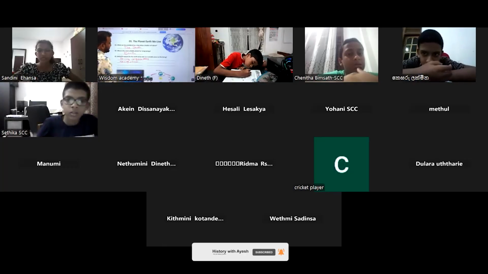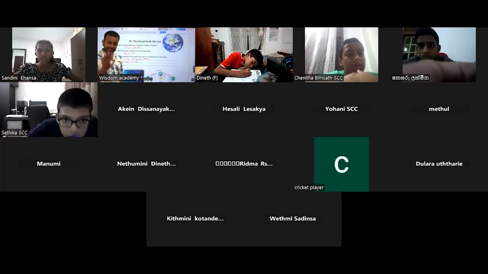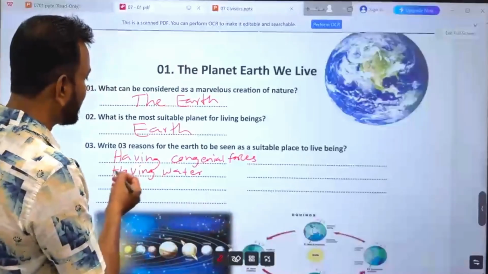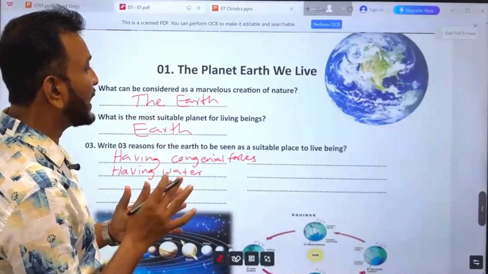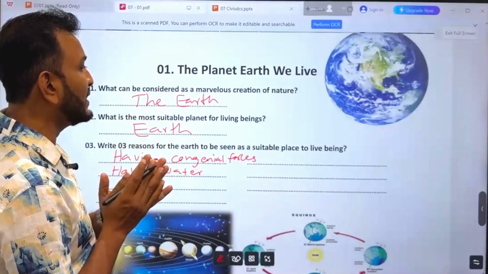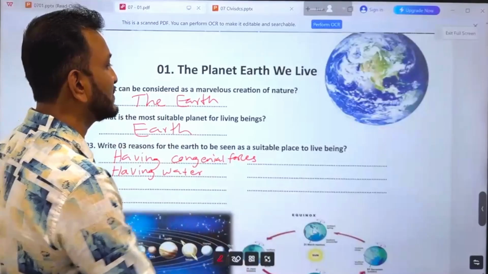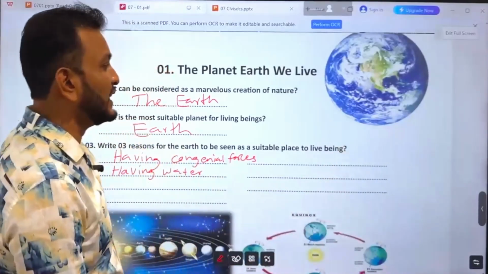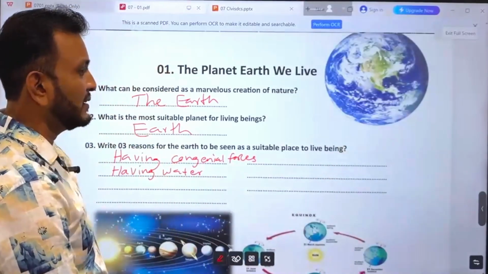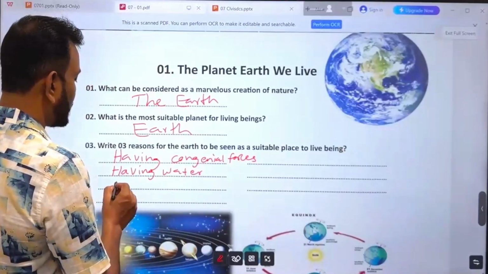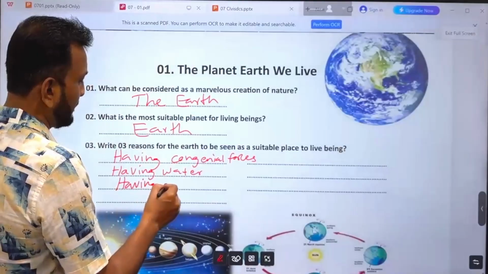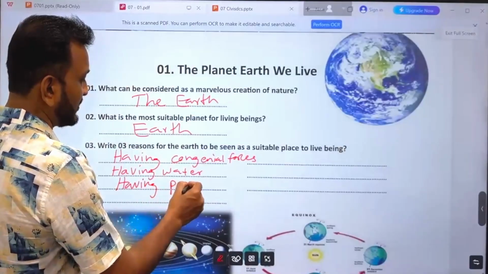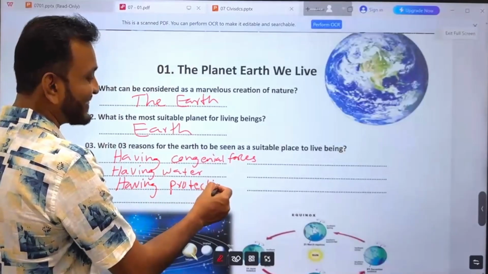Your chance. Three reasons for the Earth to be seen as a suitable place for living beings. Rotation of the Earth. Protection.